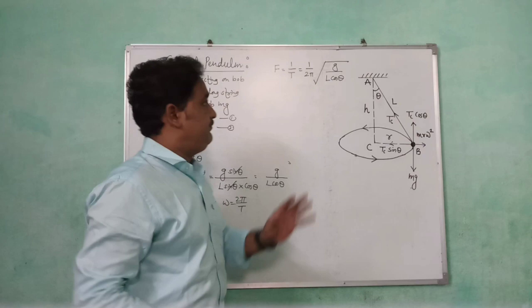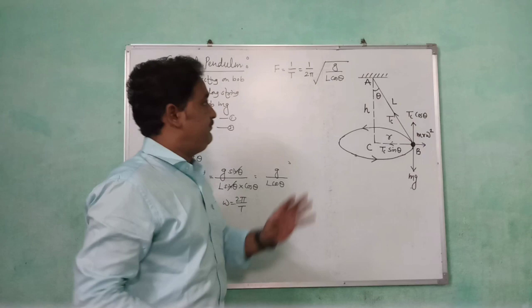For theta equal to 90 degrees, cos 90 becomes 0, the frequency becomes infinite, and the period of the pendulum becomes 0.